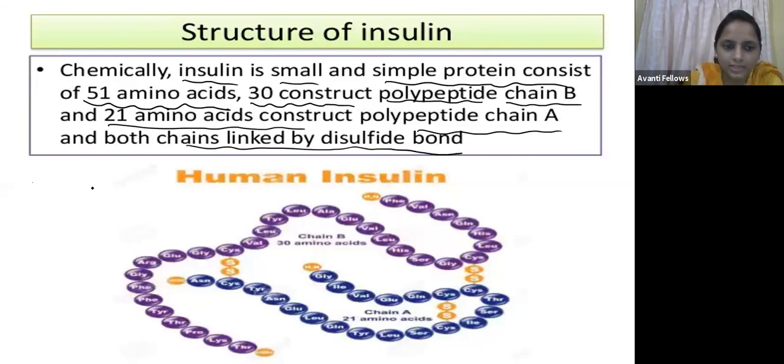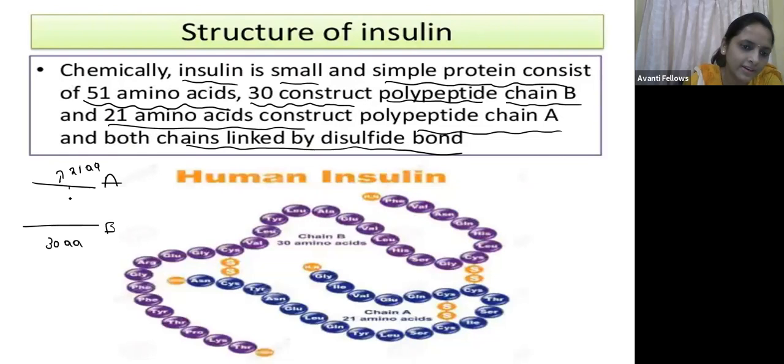Here you can see this is polypeptide A, consisting of 21 amino acids, and this is polypeptide B, consisting of 30 amino acids. These two peptides are linked by the disulfide bond.